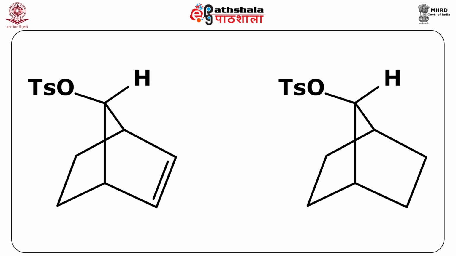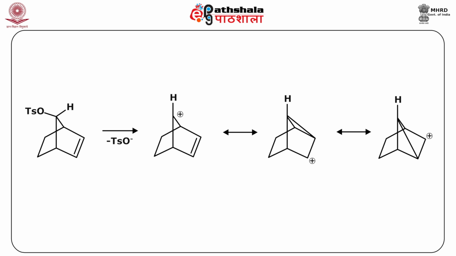Now, you can imagine how much the rate has increased in aqueous solvolysis. The carbocationic intermediate will be stabilized by resonance when the positive charge is spread over several atoms. This is shown in the diagram. As you can see how NGP is proceeding in case of this tosylate and how the carbocationic intermediate is stabilized.